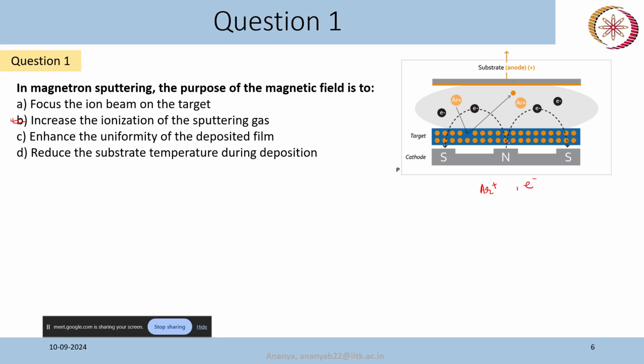Due to these magnets, the electrons will be trapped near this target, near these magnets, and in that process of deflection, they will hit the neutral argon atoms, which are coming, say, from this side. Argon is coming from our gas inlet, and these electrons will hit those neutral argon atoms and create argon plus and another electron, and will actually increase the number of ionized atoms.